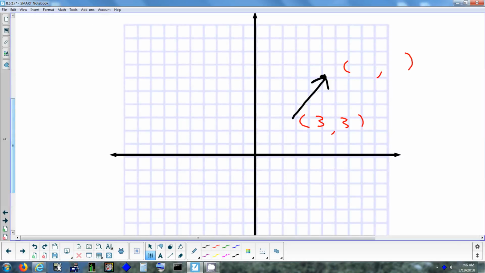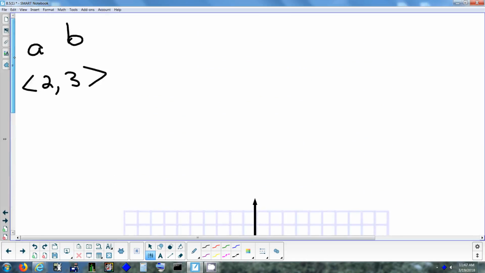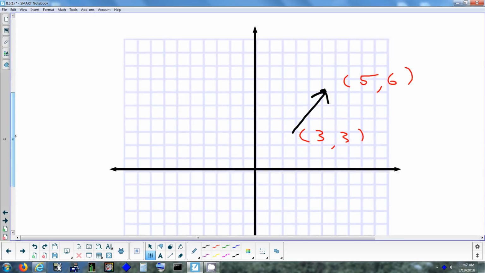And what's the coordinates of my terminal point? 5, 6. Yeah, it's 5, 6. Now, we already know what the answer is supposed to be. It's supposed to be 2, 3.